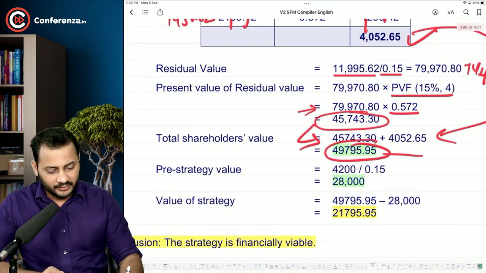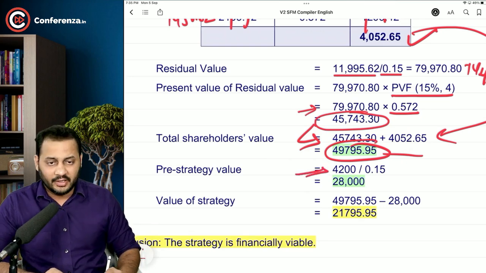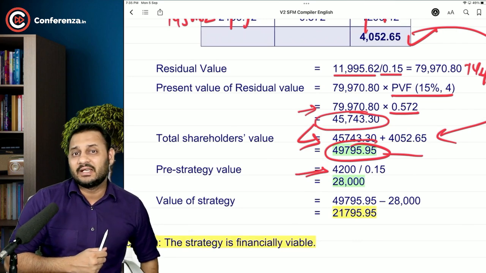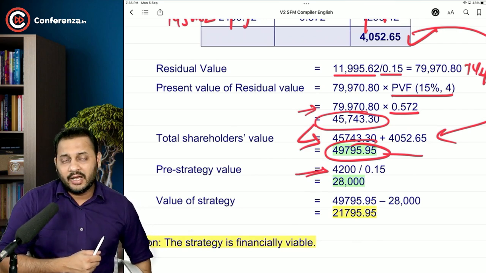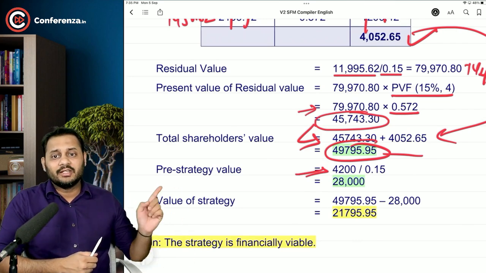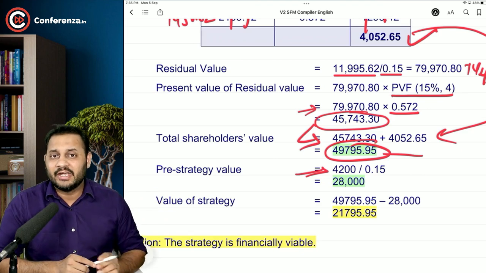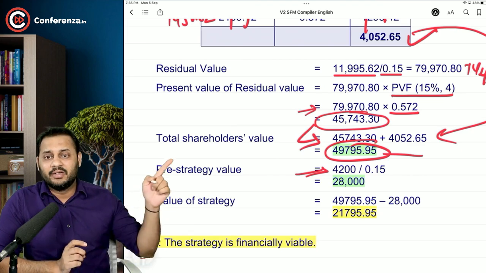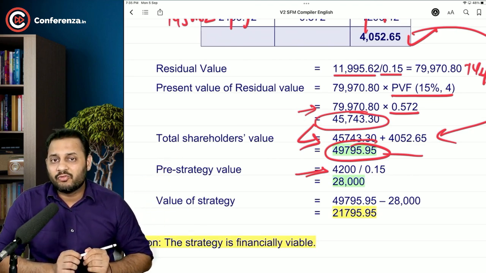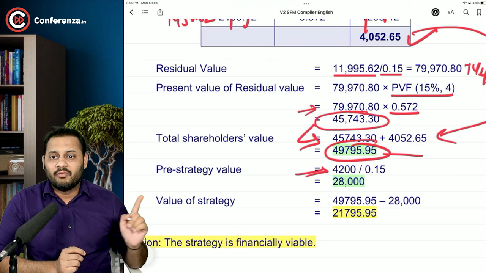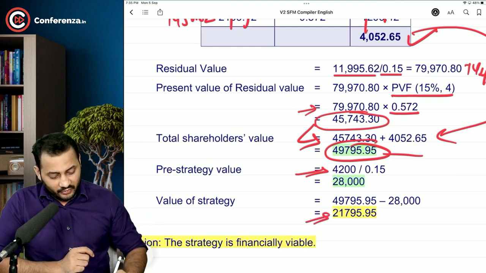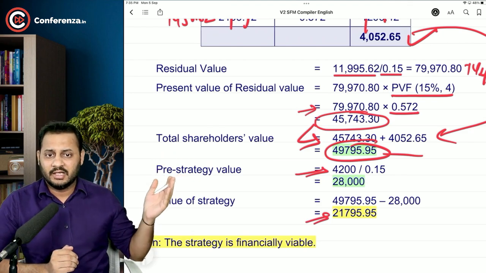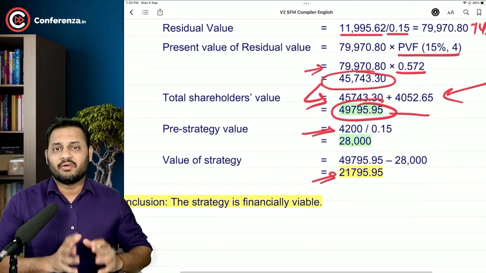Pre-strategy value of the company is 4200 divided by 15%. So we used the earnings capitalization method. Accordingly, our company's value is 28,000 before strategy, but after implementing the strategy, it is coming to somewhere like 49,000. So the value of the strategy is 21,000, the difference between this and this, and since it is positive, it is viable.